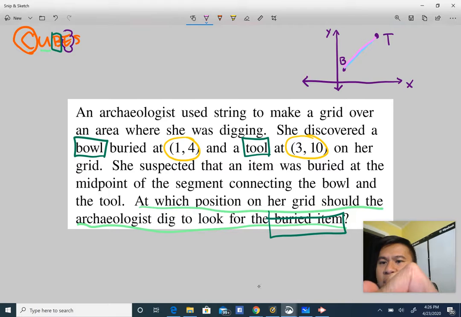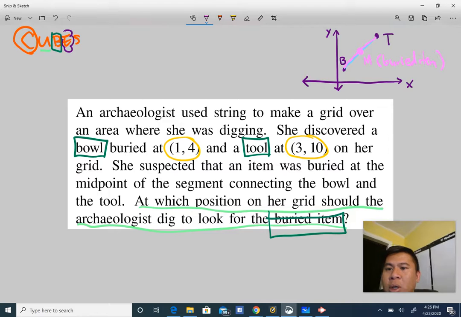And let us now specify the buried item. Let's call it letter M for the buried item. With this, let's now use our equation for midpoint. So our equation will be the following.